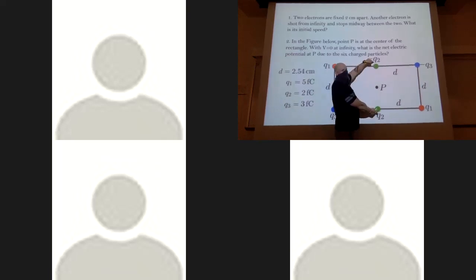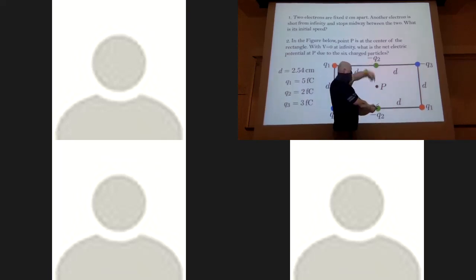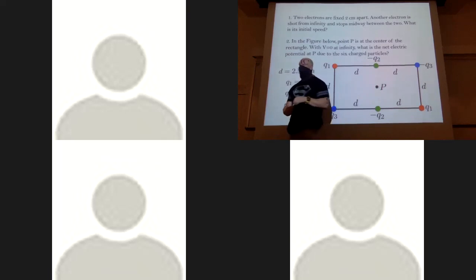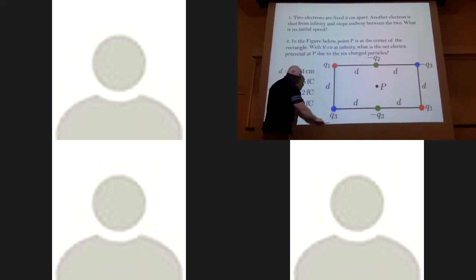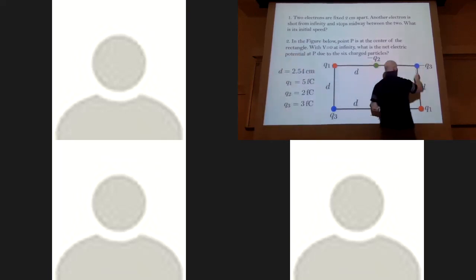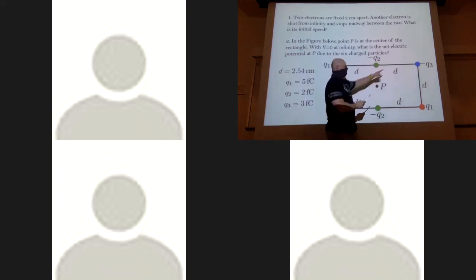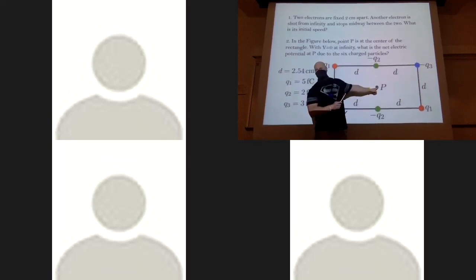They're also the same sign, which means the potentials don't cancel each other at this point. They simply sum together. So the total potential from these 2 at this point is twice the amount of potential from one of them. But since this one is Q3 and this one is negative Q3, the potentials from this guy and this guy do cancel each other here because the charges are opposite in sign.